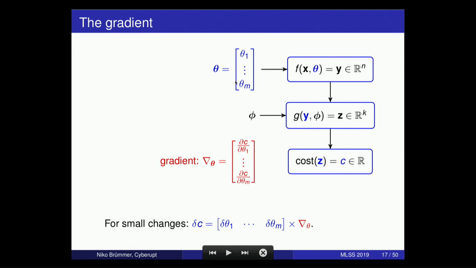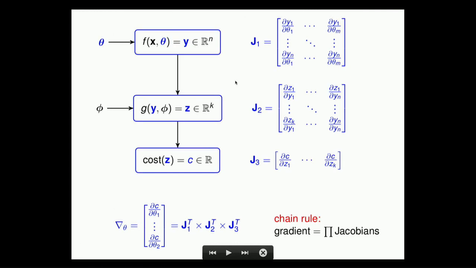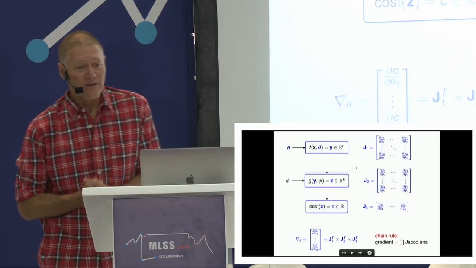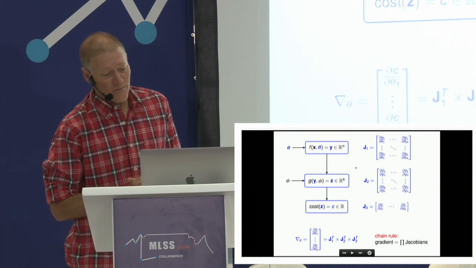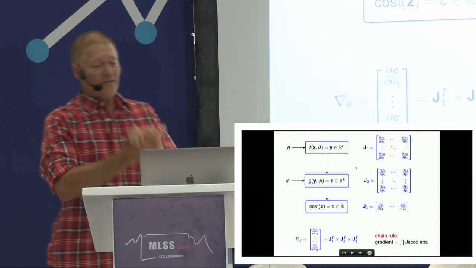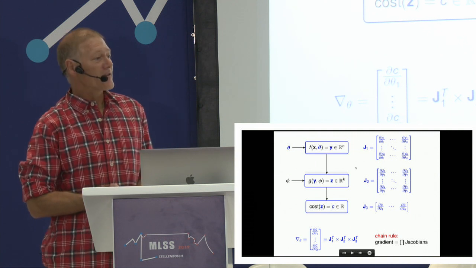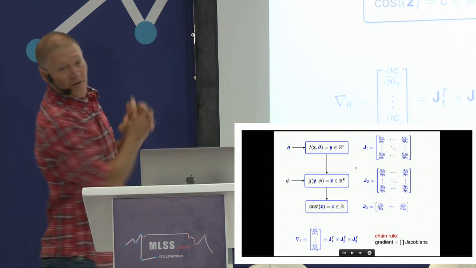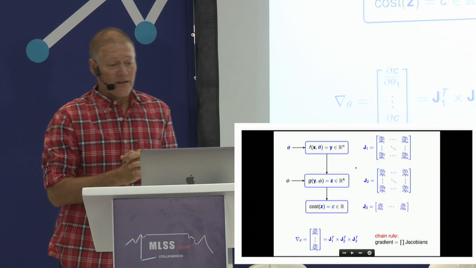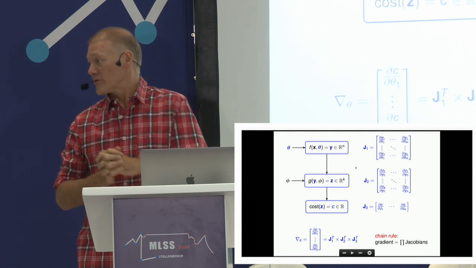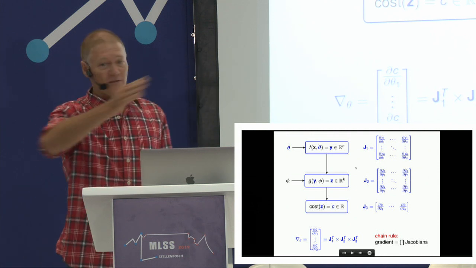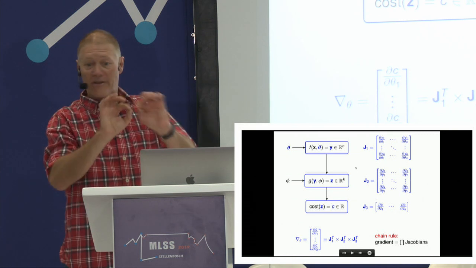So when you're doing function composition and you need to calculate the gradient of such a function composition, there's the chain rule, which is really just matrix multiplication. Every function has an associated Jacobian matrix. Remember, the top function f has m inputs and n outputs in general. So for the first layer of a neural net, m would be the number of components of your input, and n would be the number of hidden units.